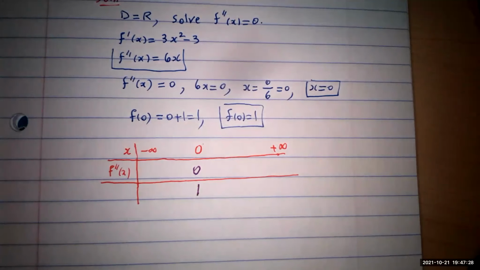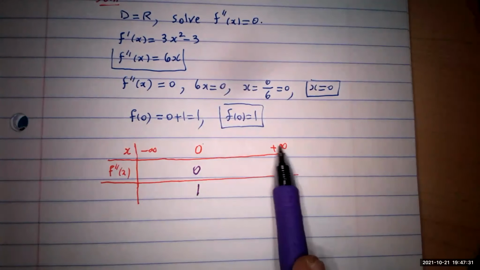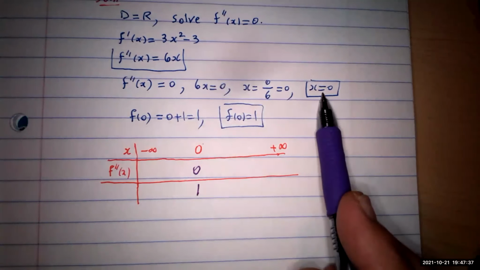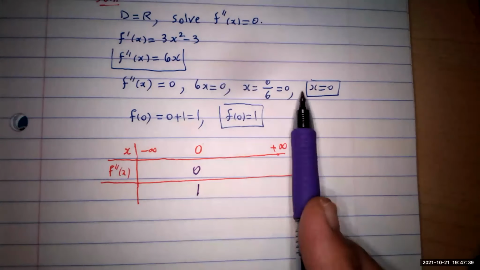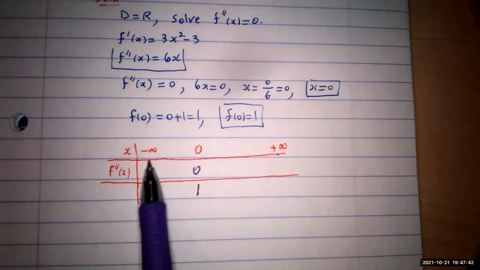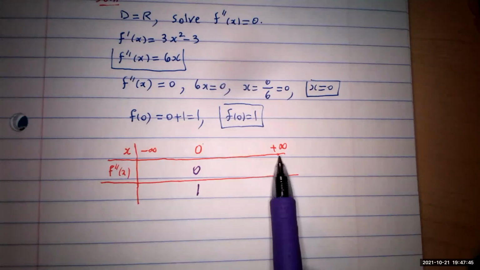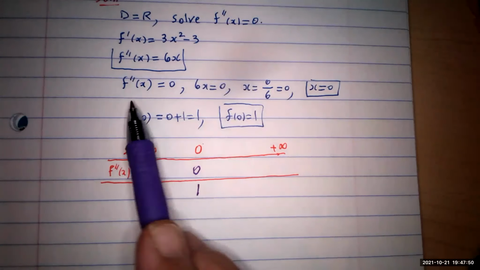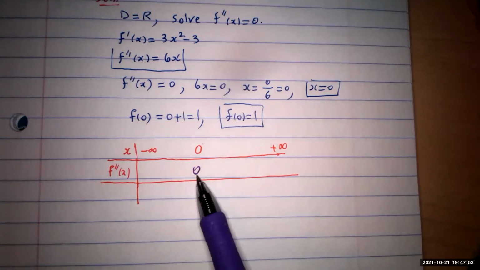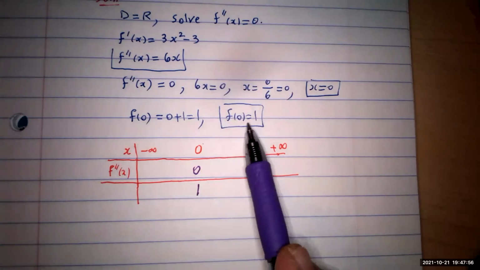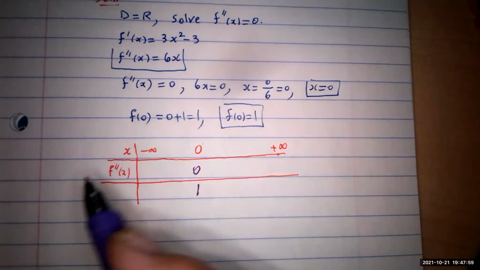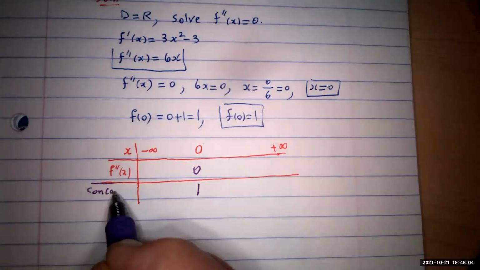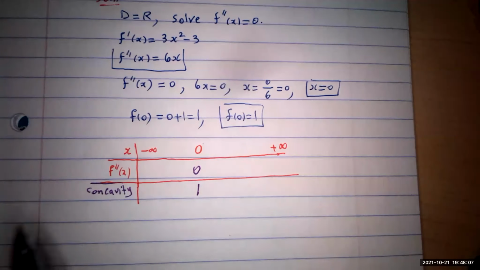Any question? So you partition the number line around the possible inflection point that you get. If f double prime equals 0, x would be 0. So this is a number line from negative infinity to positive infinity, with 0 here. This is f double prime; we put f double prime equal to 0 and get 0 here. Here is the y coordinate, 1. The last part is concavity. You have to give the direction of the curve.